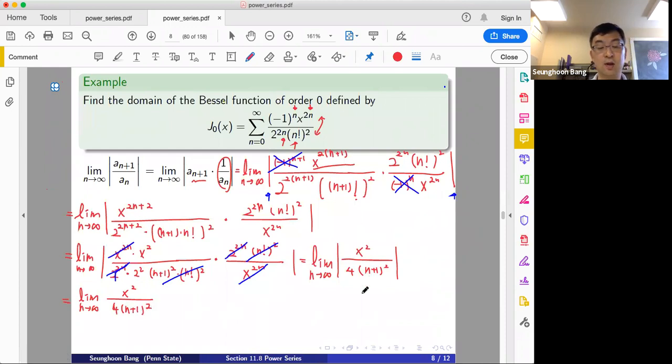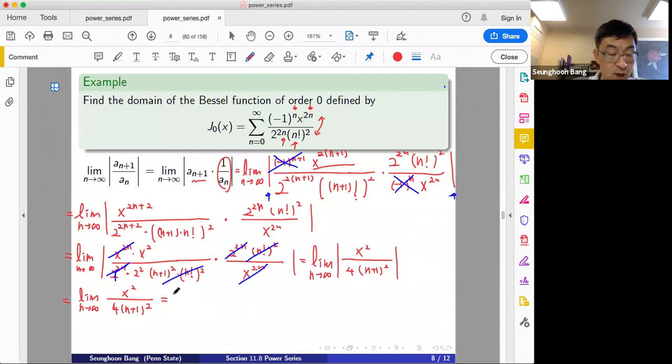So what's the limit? Could you write your answer? What is the limit of x squared over 4 times (n plus 1) squared? You're right.